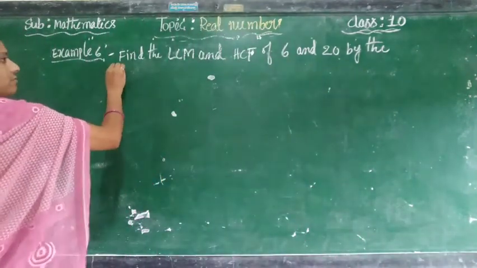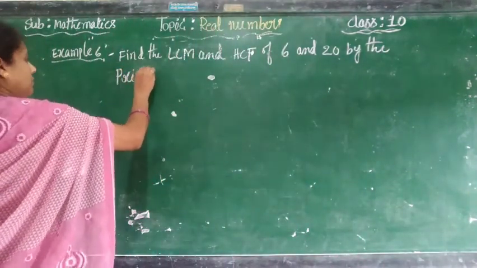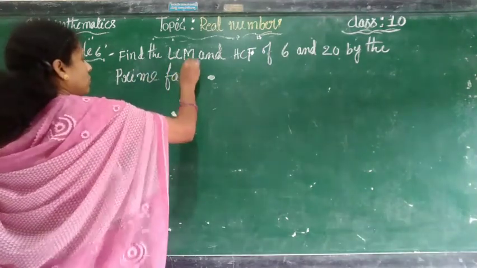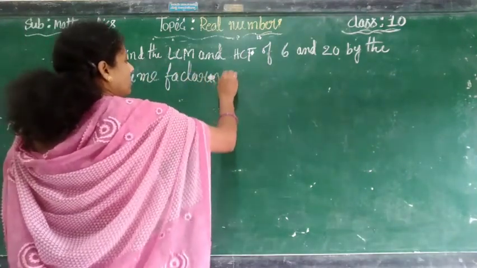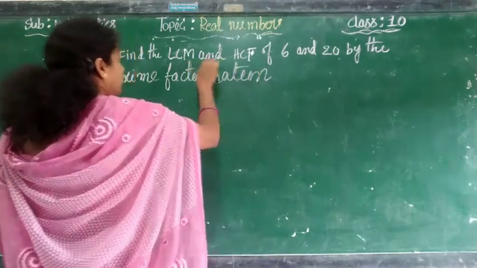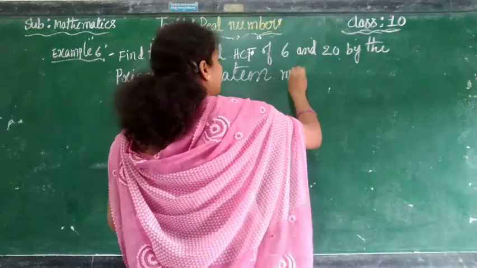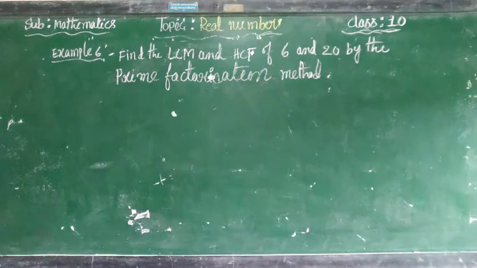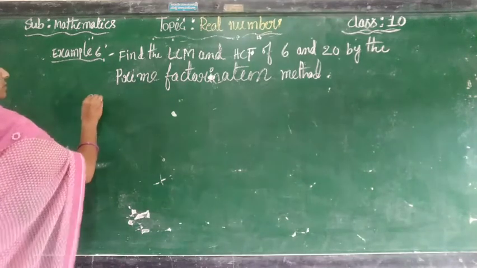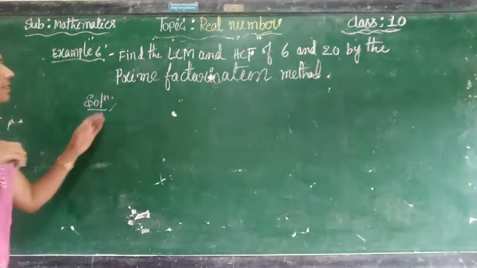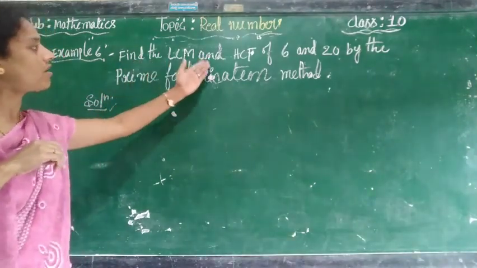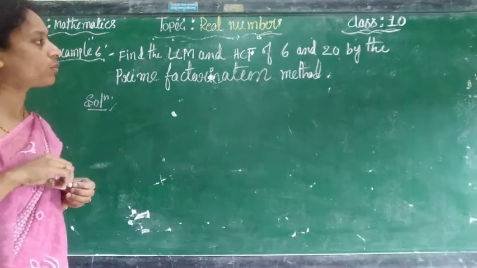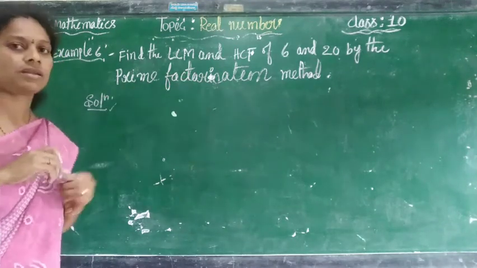Solution: find the LCM and HCF of 6 and 20 by the prime factorization method.